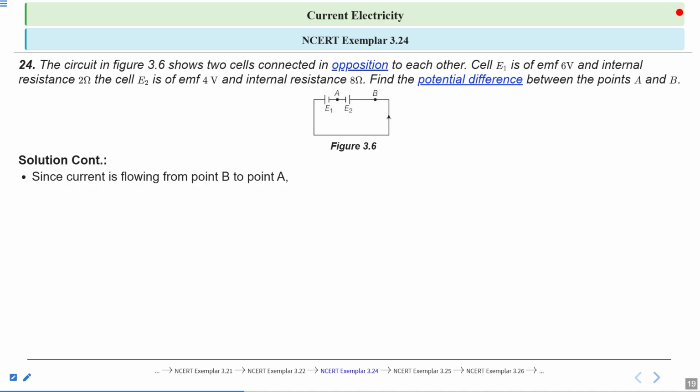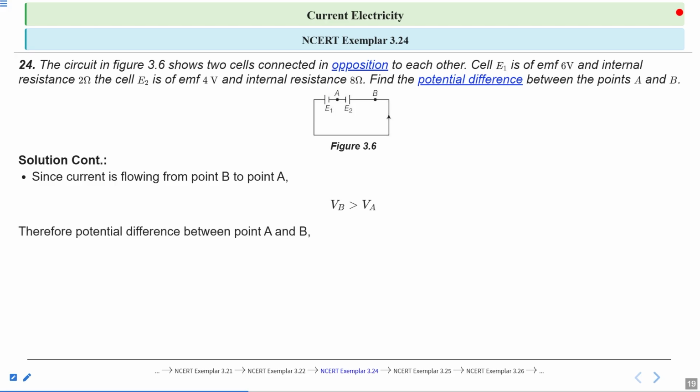So VB is greater than VA. Current always flows from higher potential to lower potential. So potential of B point is greater than potential of A point. Therefore, potential difference between point A and B is given by.